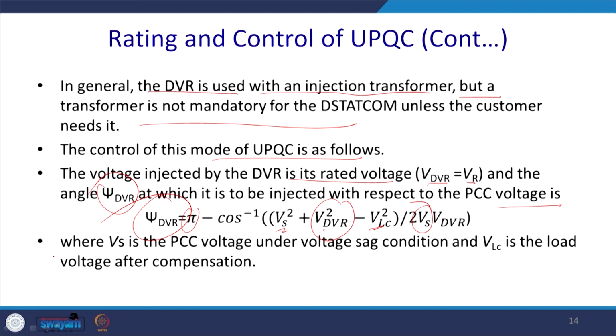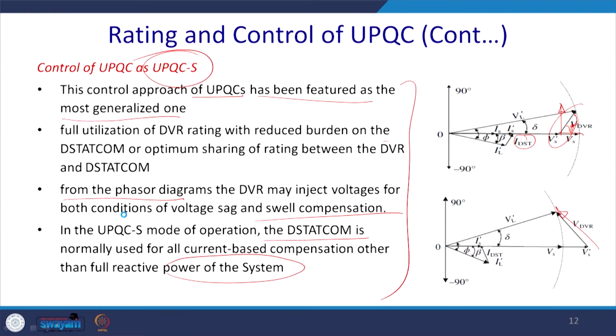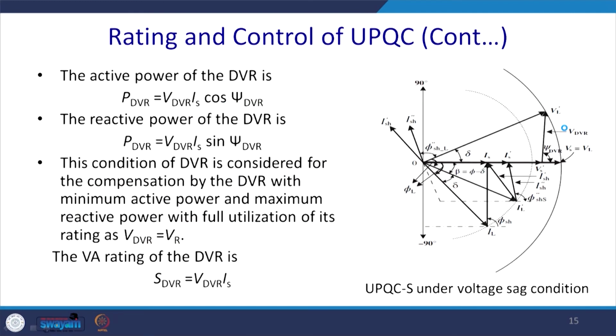Here Vs is the PCC voltage under sag condition, and V_L is the load voltage after compensation. So, in that way we need to calculate and inject this voltage at angle psi and compensate the voltage. In this way this will continue.